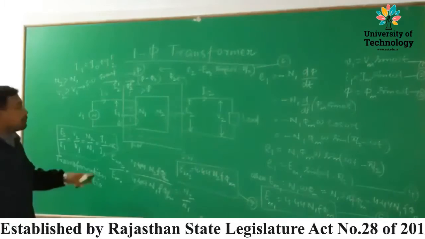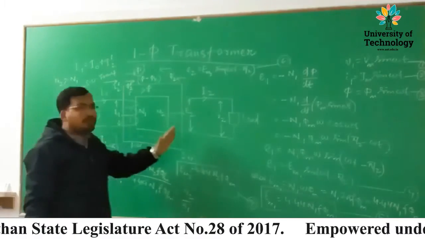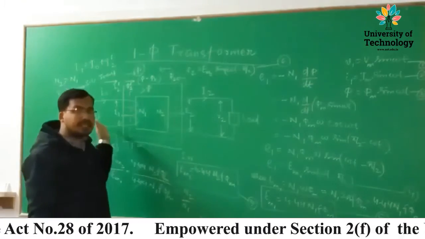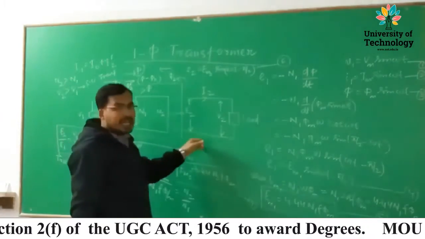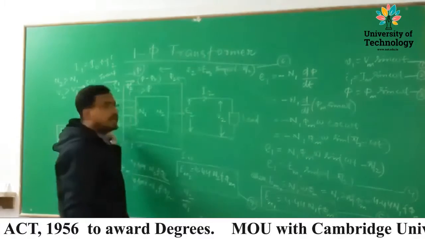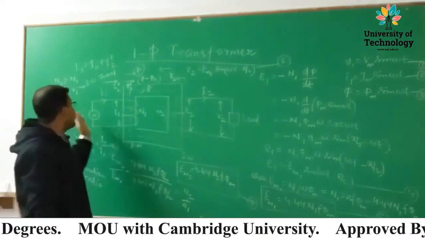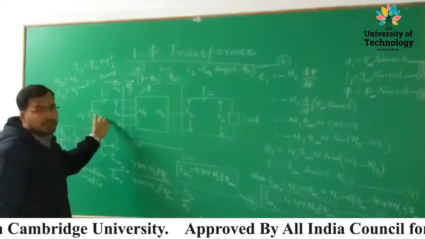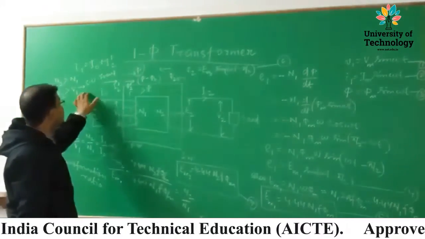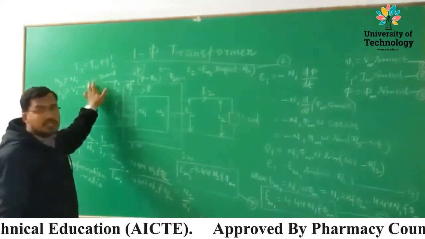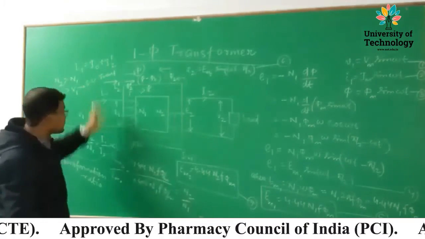What is a step up transformer? When the secondary side number of turns is greater than that of the primary side, the voltage induced in the secondary side also becomes more than that of the primary side voltage. So in this condition we are transferring the power at higher voltage. At this condition we say the transformer is a step up transformer.